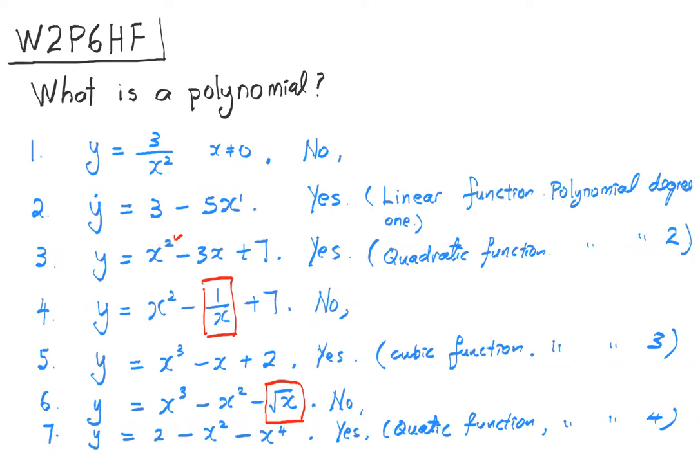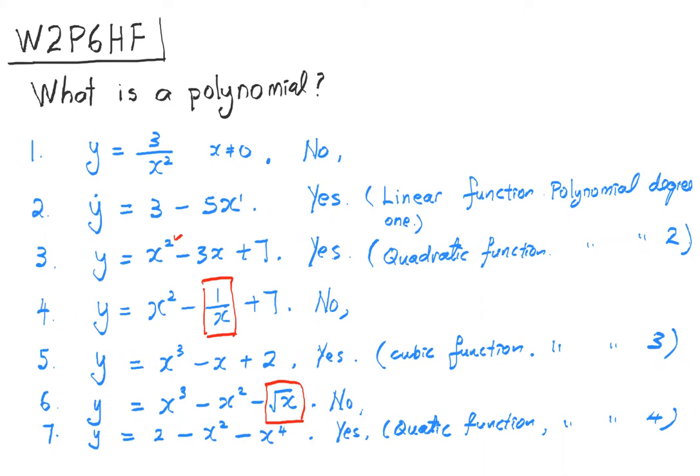Can you tell me what is a polynomial based on this? Who wants to try? Polynomial is a function consisting of variables and optionally coefficients that cannot have one of the variables with a power of less than 1.